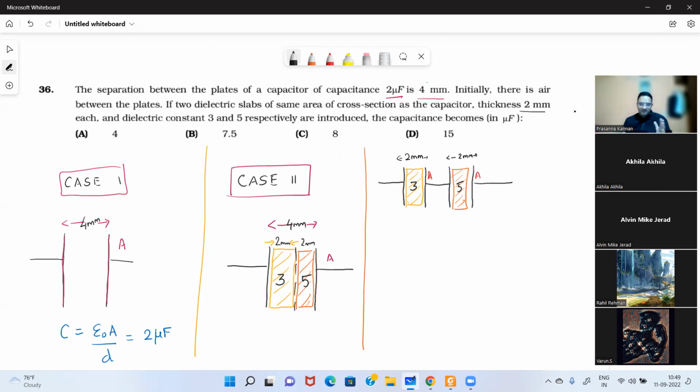Yes, sir. I have treated it as two different capacitors. Now individually you know what to do for them, right? Let's say this is C1. Can you tell me the formula for the capacitance of the first capacitor, which has dielectric constant 3? First one, where the dielectric is fully occupying.